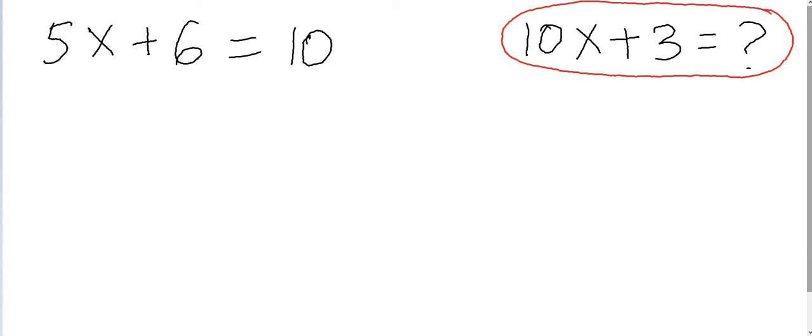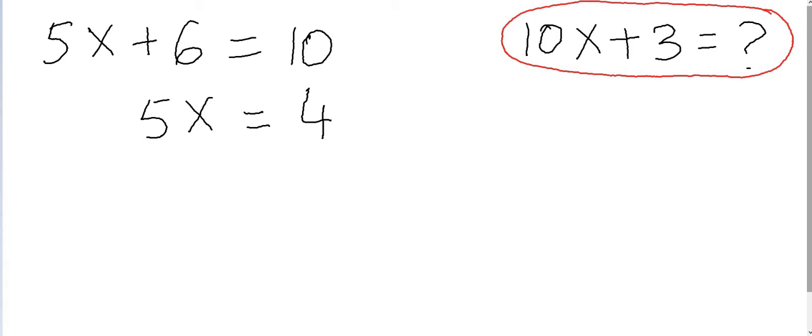Going back to what's given, you can see a connection between 5x and 10x. So let's first find out what 5x is. If you solve, you get 5x equals 10 minus 6, which is 4.